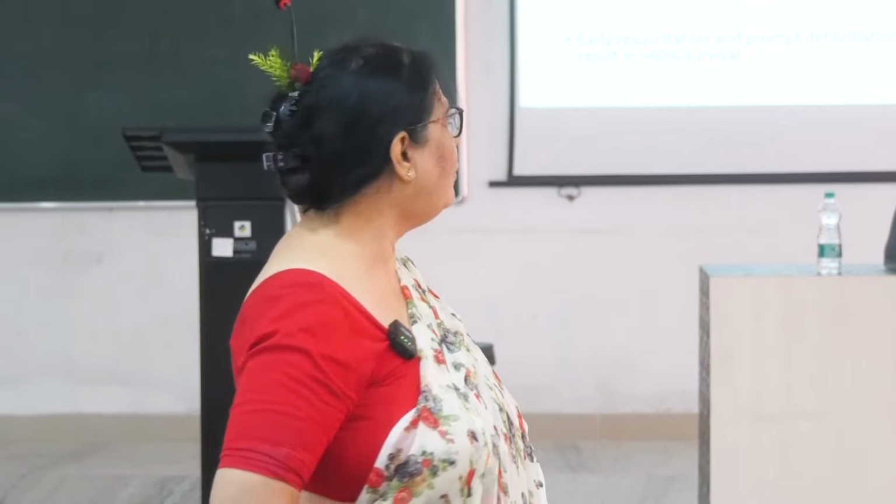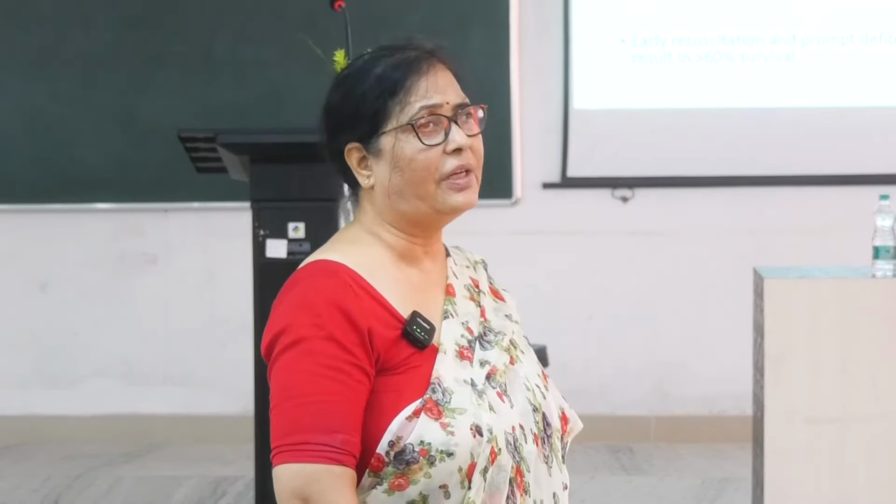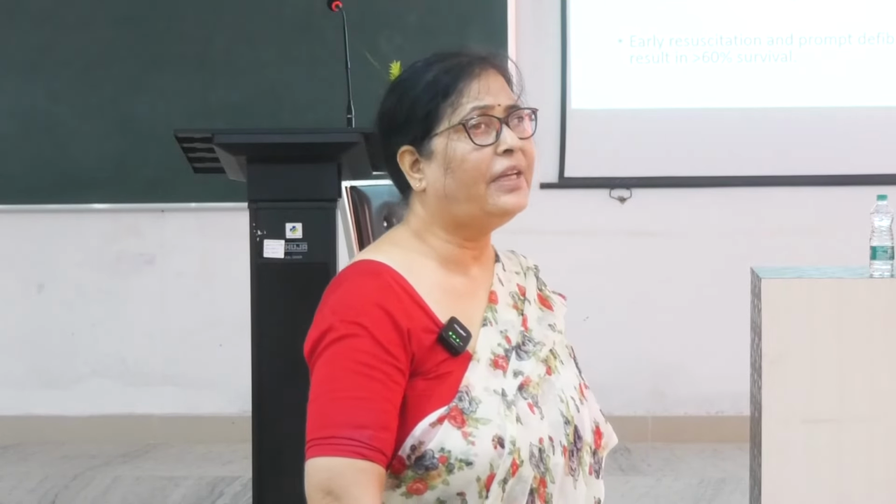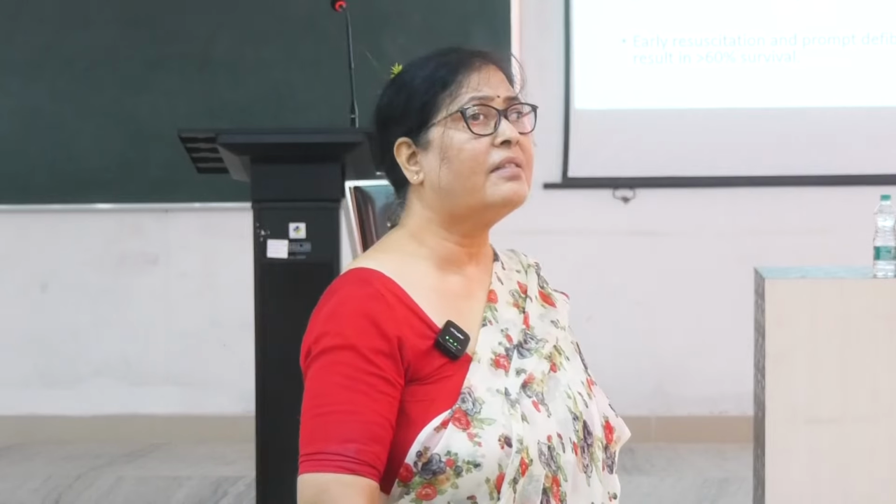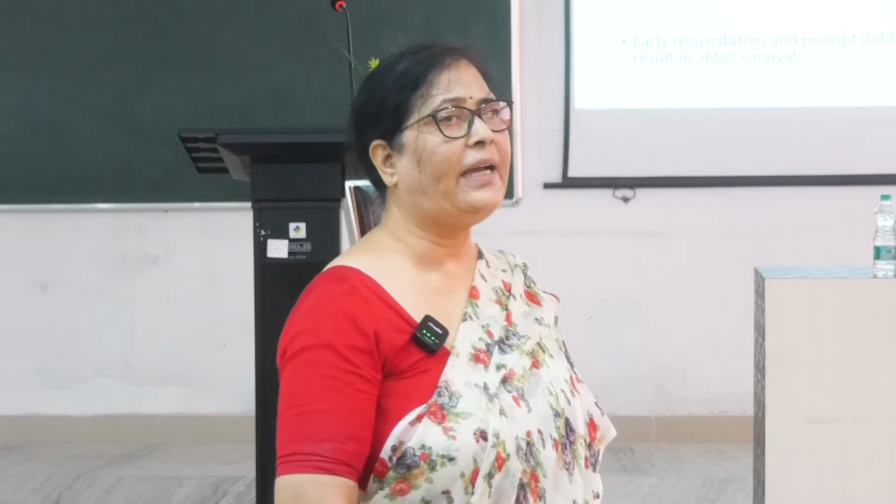So how to diagnose cardiac arrest is very, very, very important. And most of the time we cannot diagnose cardiac arrest and the vital organs are damaged. What are the vital organs? Brain, yes. Kidney, lungs, heart. So vital organs are damaged.